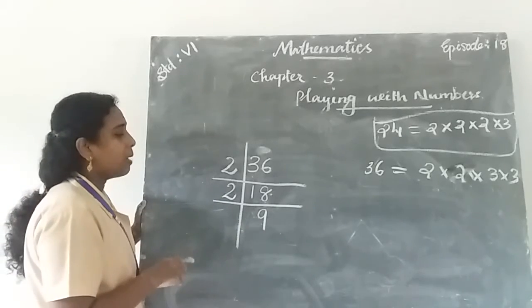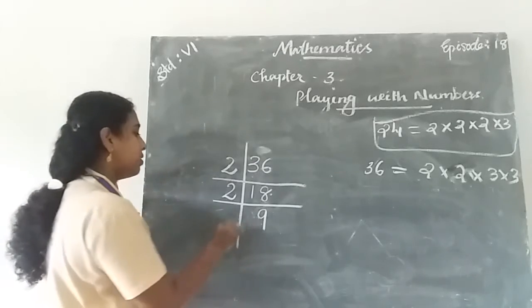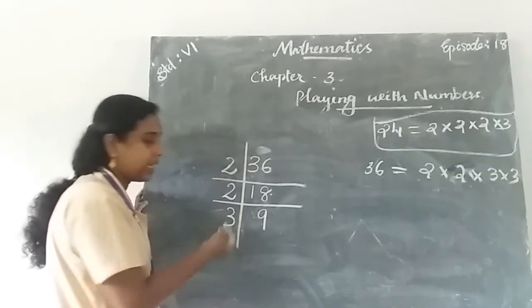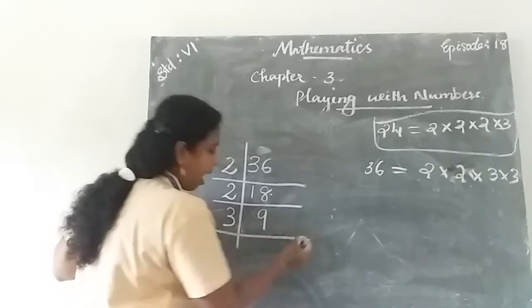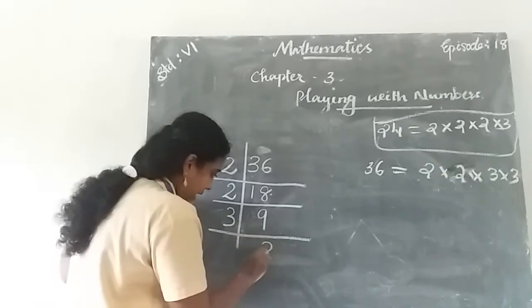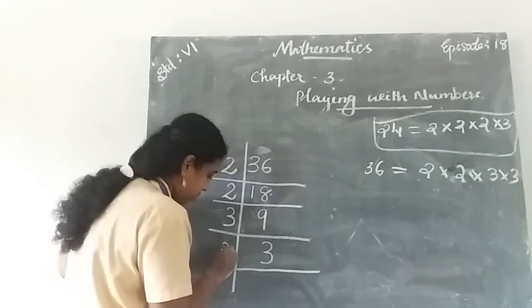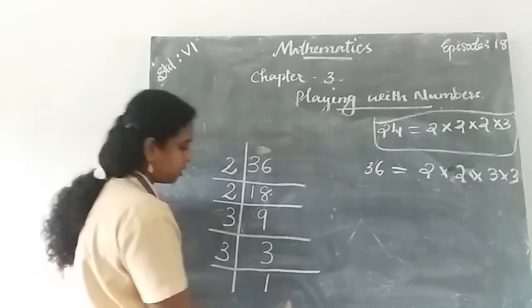We use the prime number 3. 9 is in the table of 3, so we divide 9 by 3. How many 3s are 9? 3 3s are 9. So we write 3 here. The number is divisible by 3 again and we get 1.